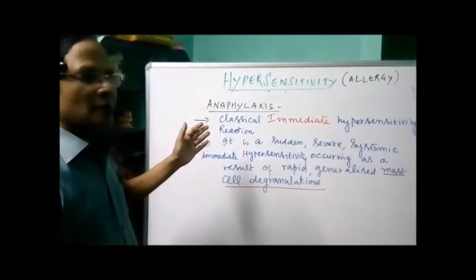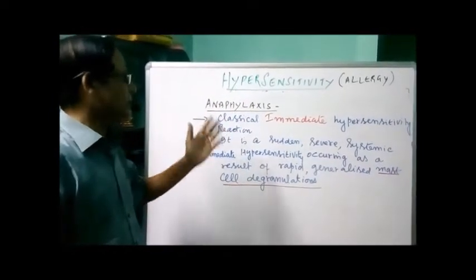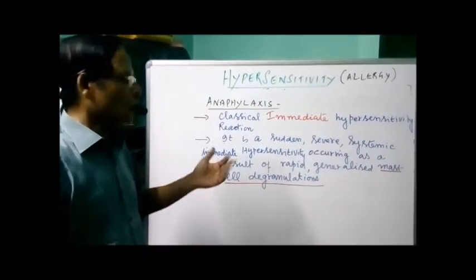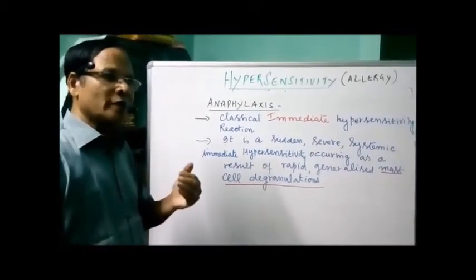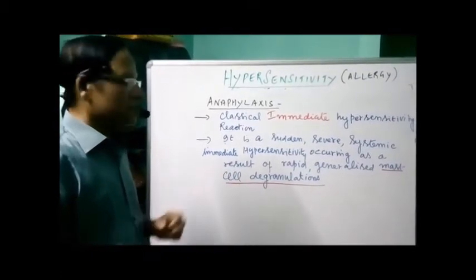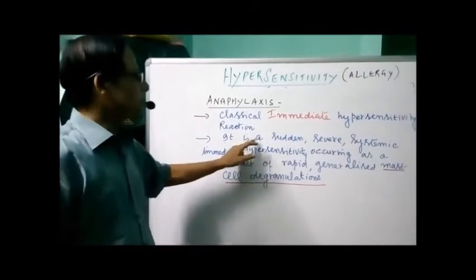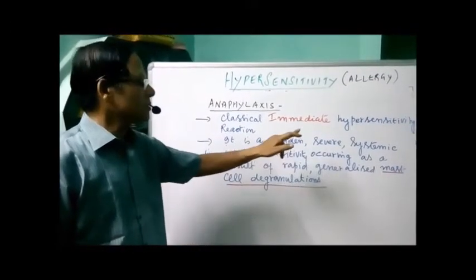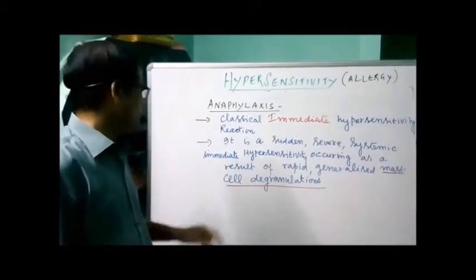Now it is a classical example of immediate hypersensitivity reaction, type 1. What is happening when the person is overreacting to a simple antigen? It results in anaphylaxis. So it is a sudden, severe, systemic reaction. Systemic means affecting the whole body.